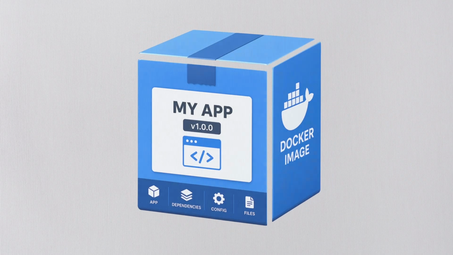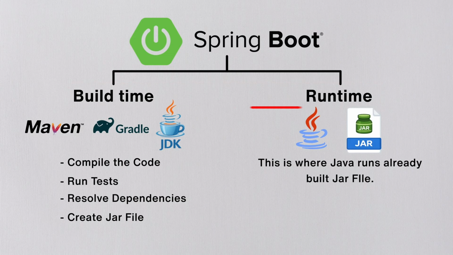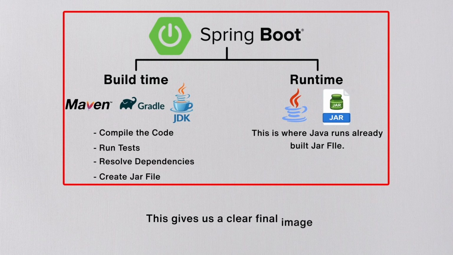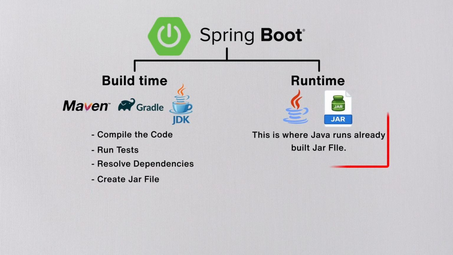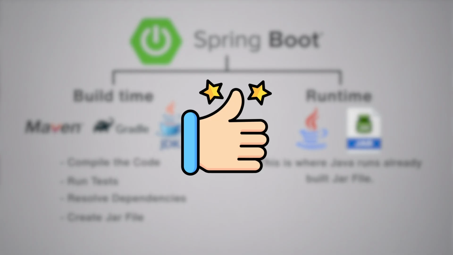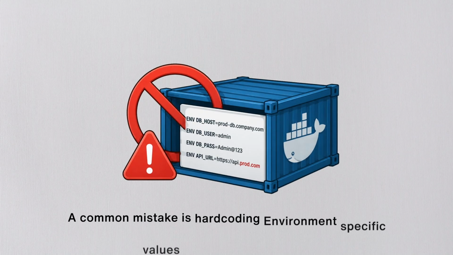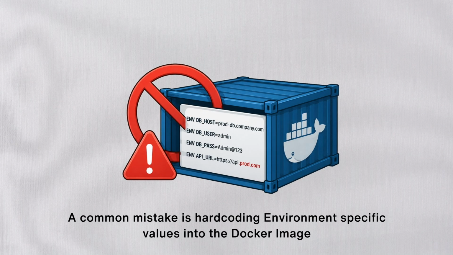So instead of putting everything in one image, we can use a multi-stage Docker build. The first stage is building the application. The second stage runs the application. This gives us a clean final image. It also means our final runtime image doesn't need Maven, source code, or build tools. That is a much better model for production. Another important developer concept is configuration. A common mistake is hard coding environment-specific values into the Docker image.